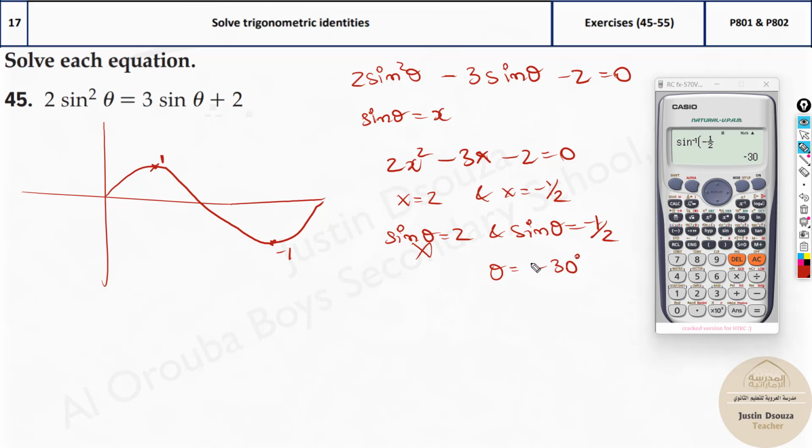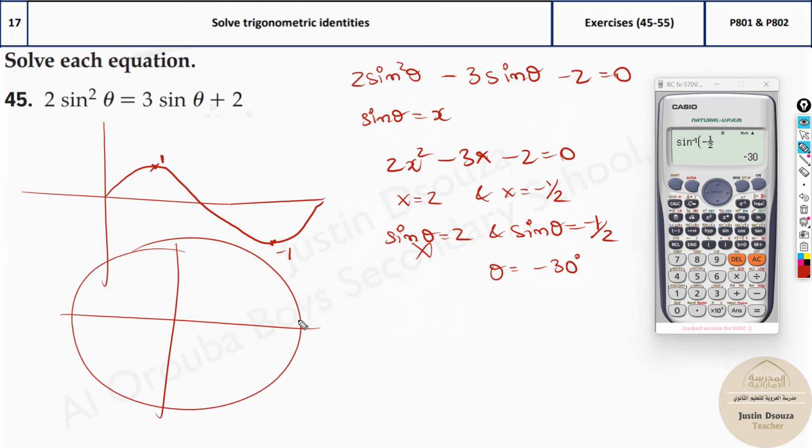The problem is, when you know the unit circle, which will be something like this, you have 0 degrees, 90, 180, and 270. One more thing, if you look over here, the calculator is in degree mode. I've not changed to radian because this is a writing question and there's no pi over here.